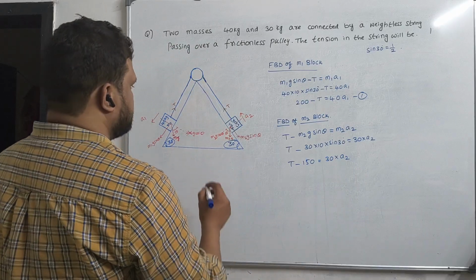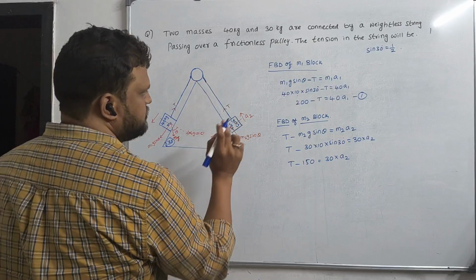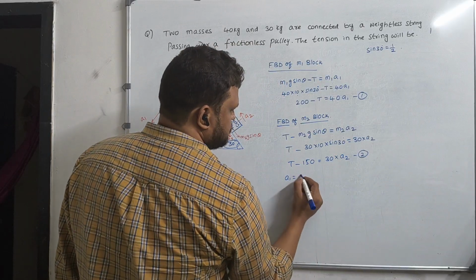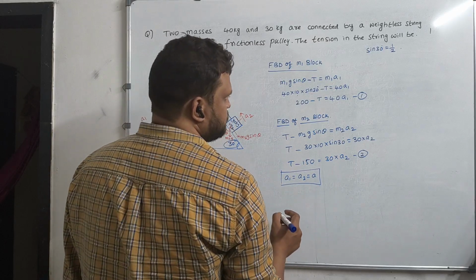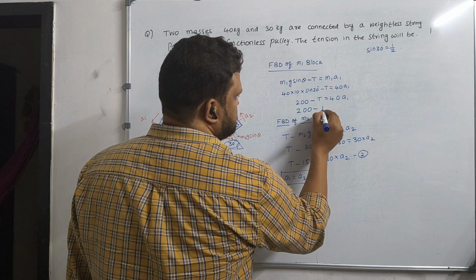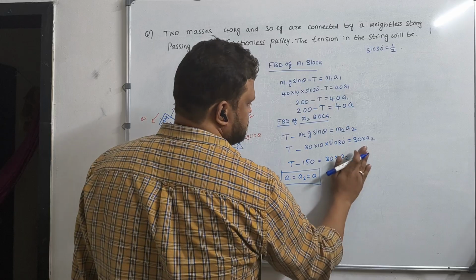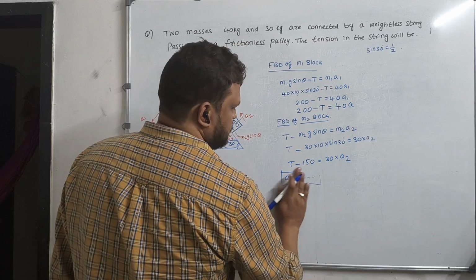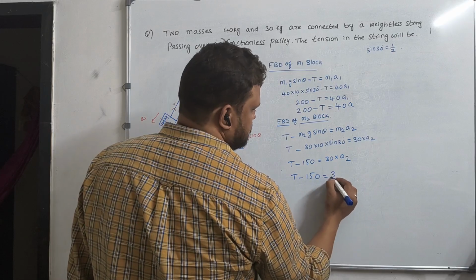If you observe, the entire string is passing over a single pulley, so A1 and A2 will be the same. Let this be equation number 2, and A1 equals A2 equals A. Now if you rewrite the equations, this one becomes 200 minus T equals 40A, and here T minus 150 equals 30A.